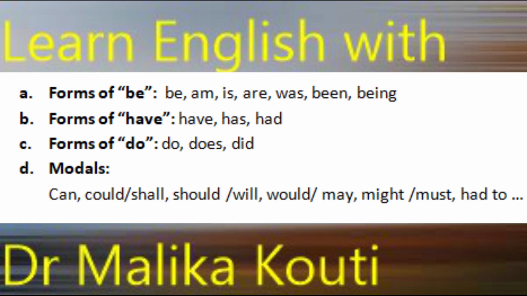Forms of have: have, has, had. Forms of do: do, does, did. Now, modals, for example, we have can, could, shall, should, will, would, may, might, must, had to, etc.